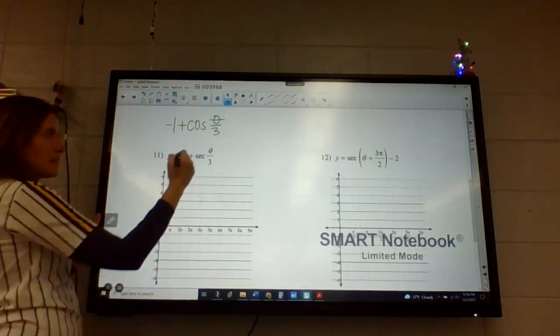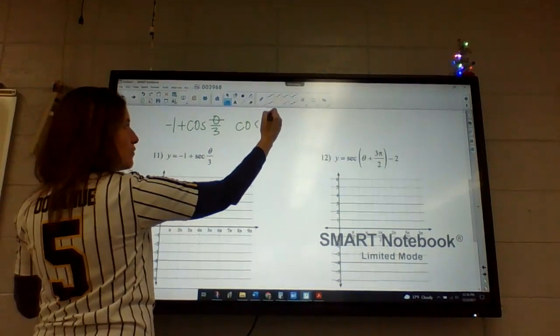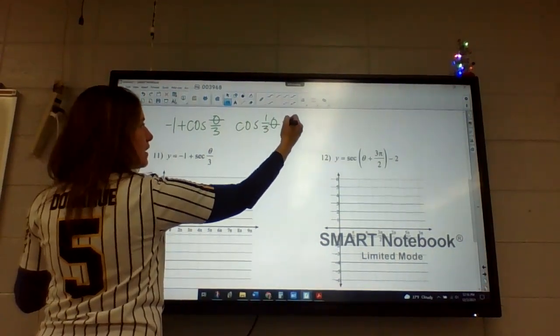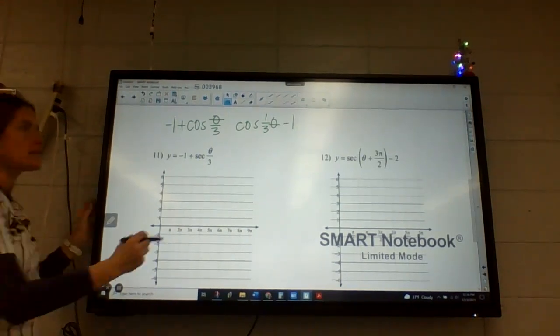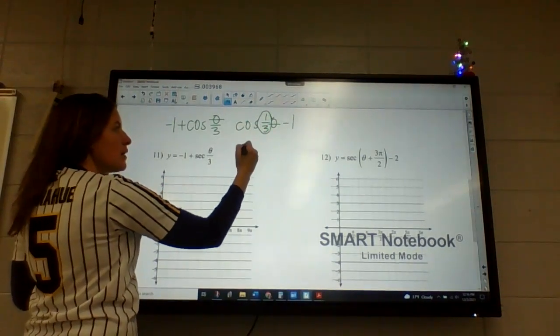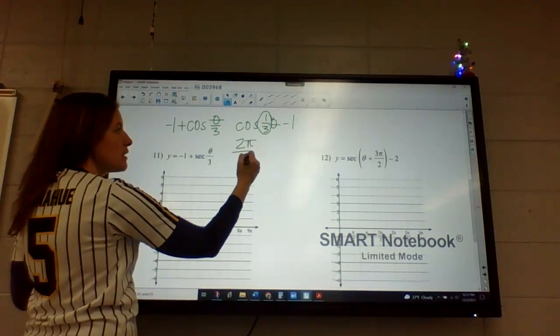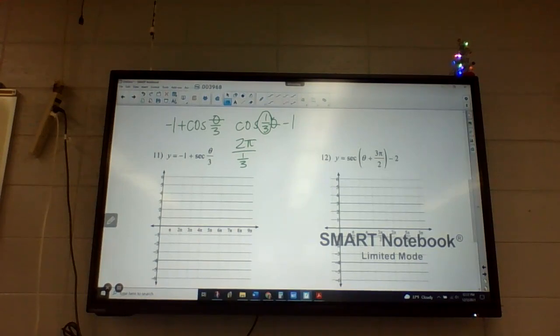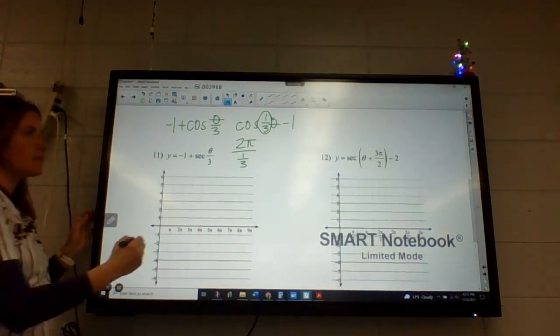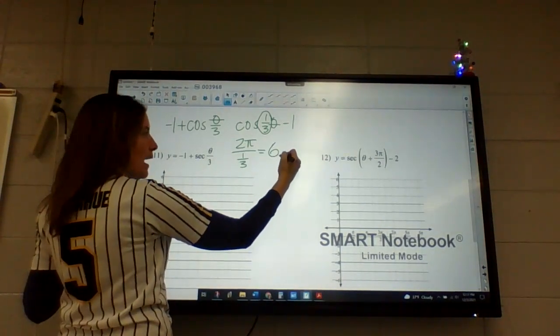Now the way we can write this in another way is cosine of 1/3 theta minus 1, if that helps you to understand what's going on here. So this is our b value, and don't forget that for cosine the period is 2 pi rather than pi, like tangent and cotangent. So the period actually is going to be 6 pi in this case.